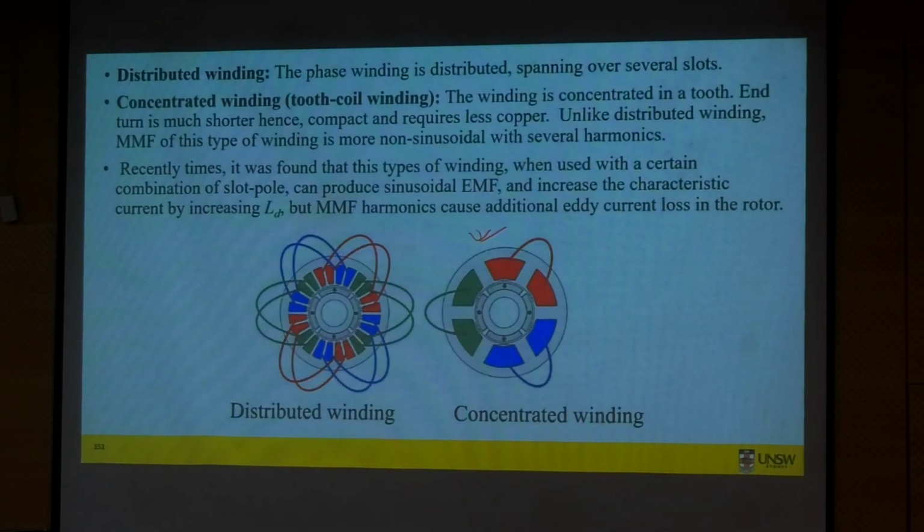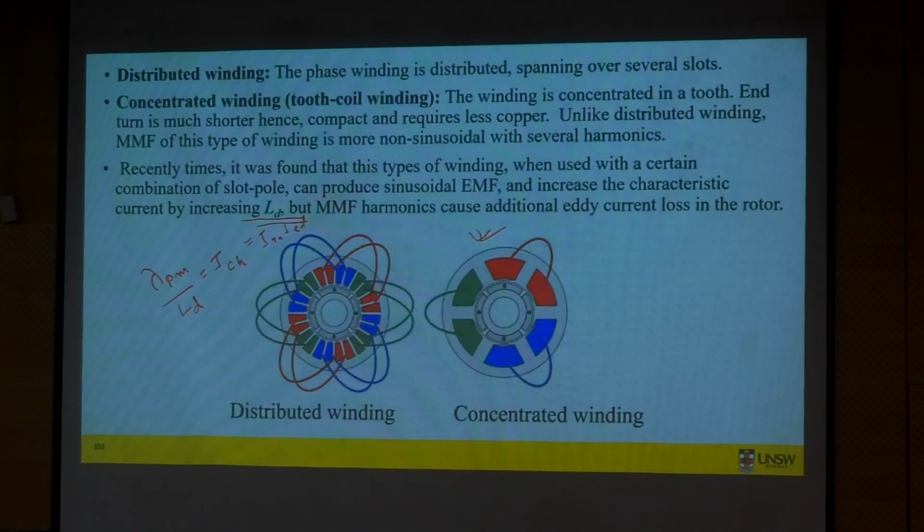And the other one is, because you have high harmonics in your MMF, it can increase the Ld inductance. And that's why, as I mentioned previously, this ratio lambda PM over Ld, known as characteristic current, can be made equal to rated current.